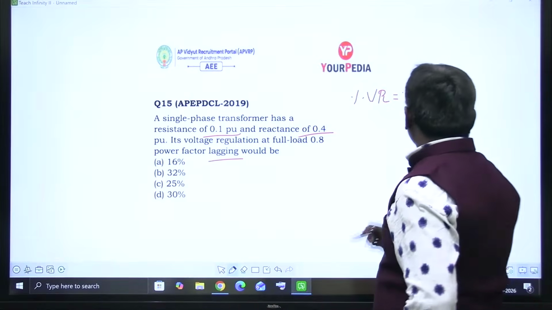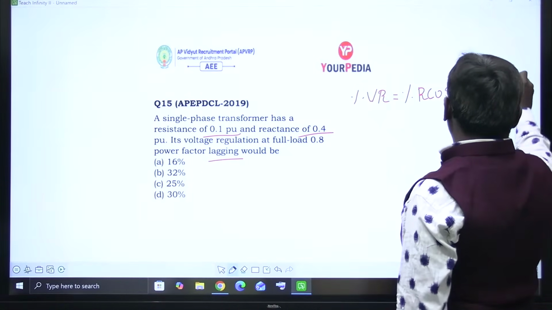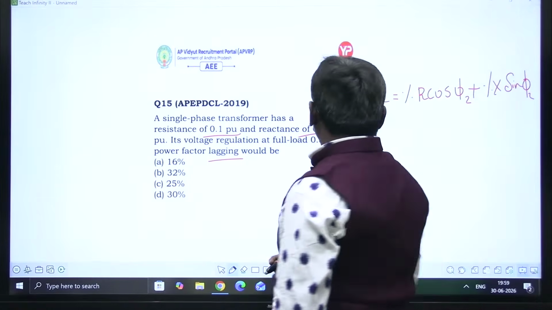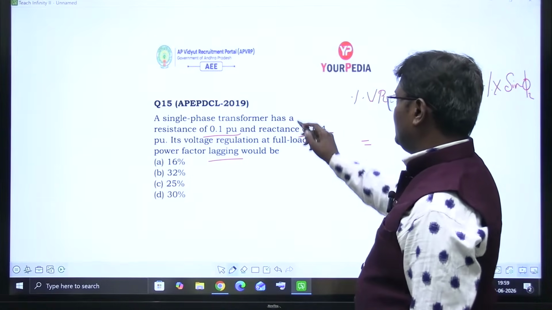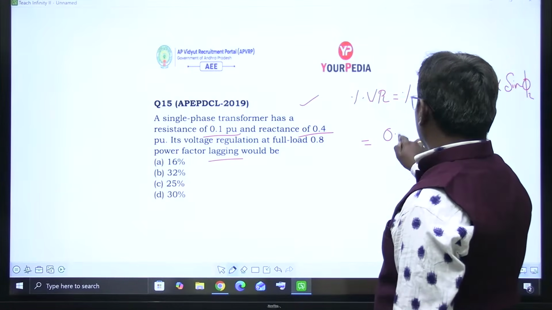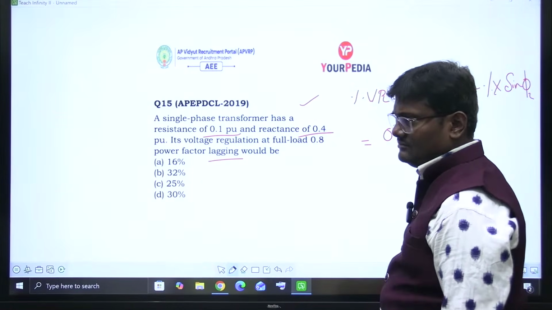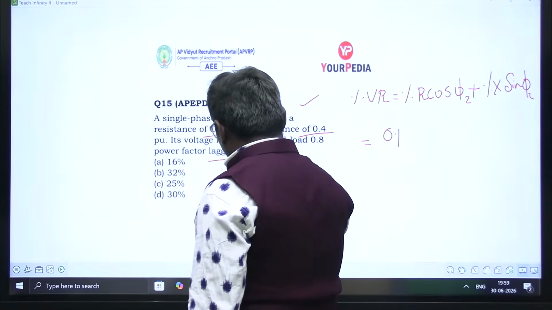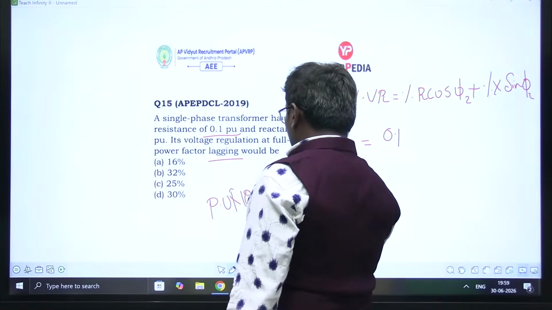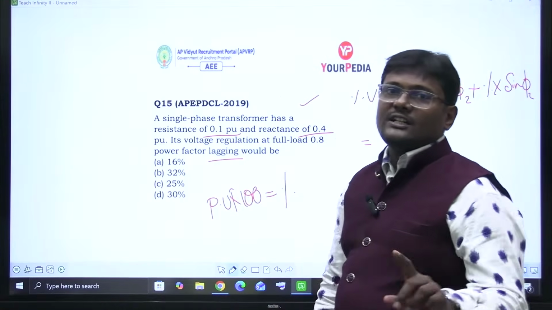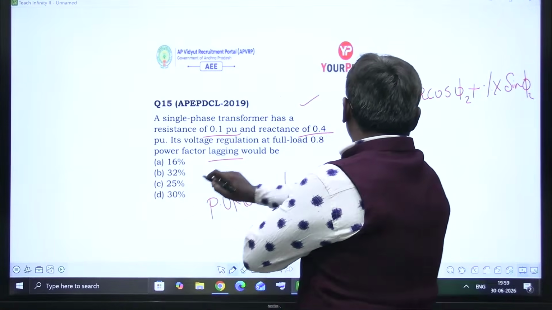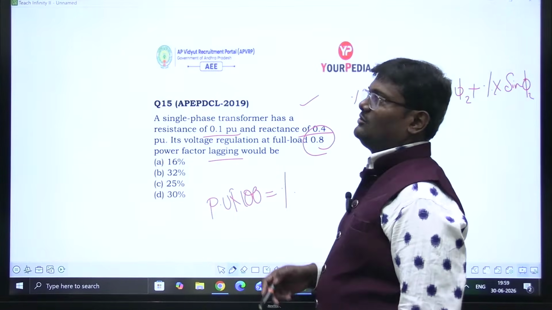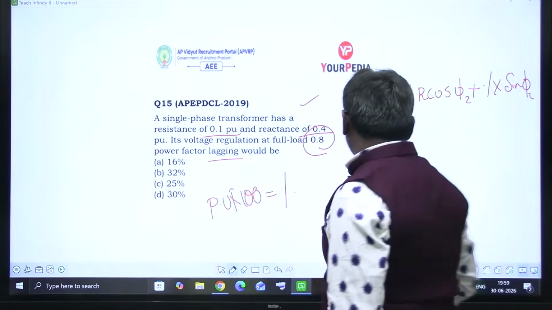Percentage R cos phi 2 for lagging power factor, plus percentage X sin phi 2. So percentage R is given as 0.1 per unit. Per unit into 100 is equal to percentage. Remember that. If cos phi 2 is 0.8, sin phi 2 is 0.6.